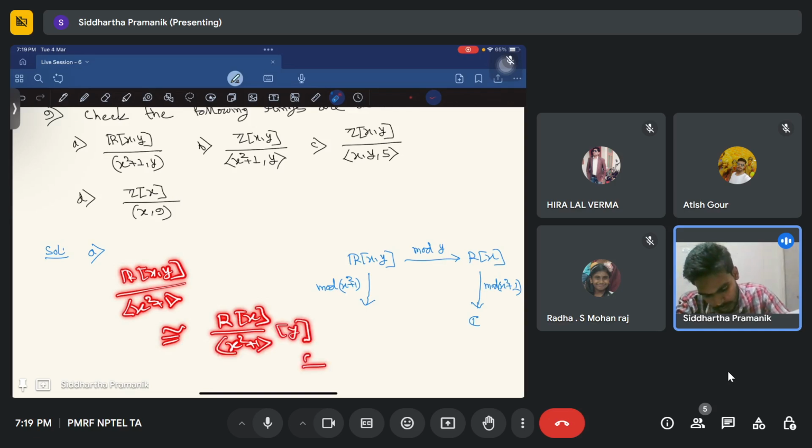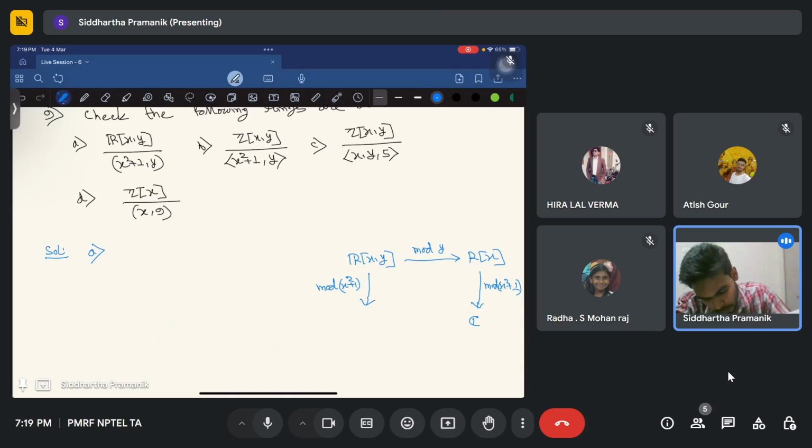So that will be C[y], right? So let's write it down. It will be C[y]. Now you need to go modulo y, and C[y] mod y is basically C. So whichever way you go, you will get C.